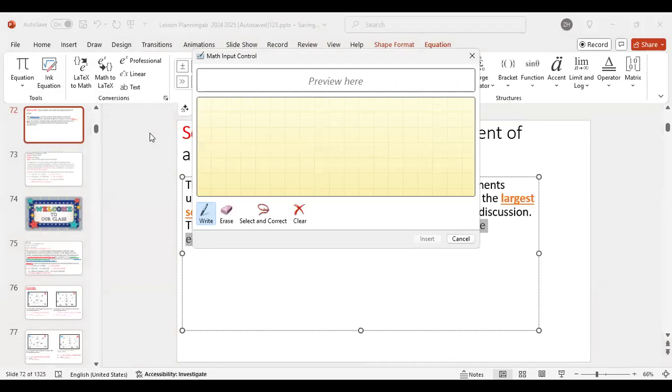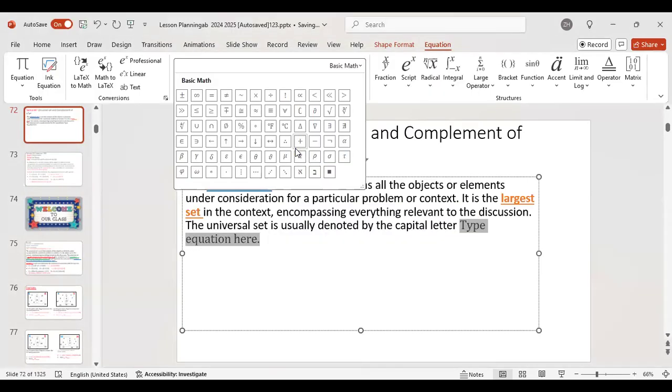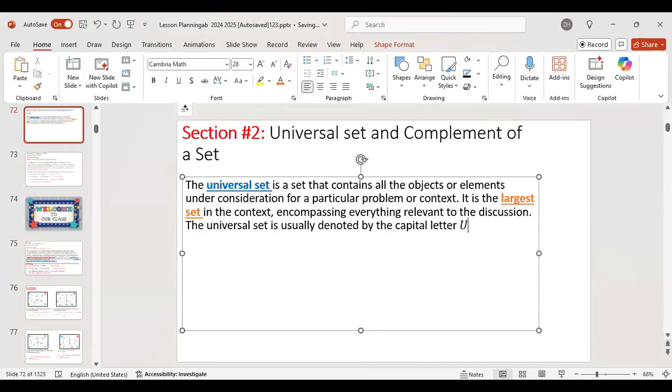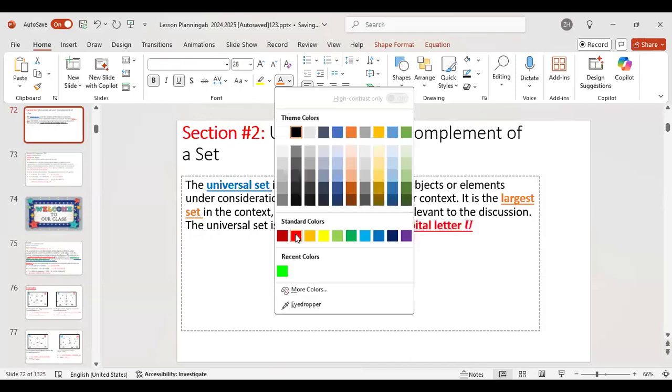Okay, but not that U, uppercase U. Let me just do capital U, just a regular capital U, right? So the capital U is the universal set. So usually denoted by the capital letter U. So highlight that or underline that portion.